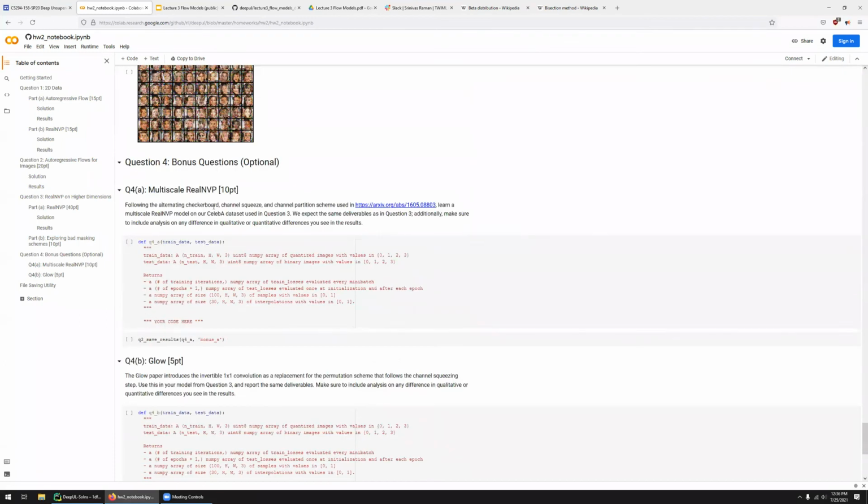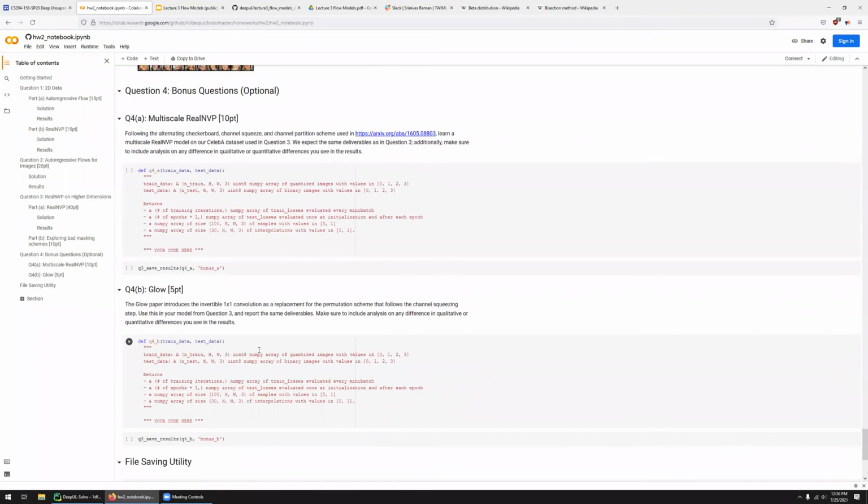There's a bonus question, multi-scale Glow. If you want to look at it, but as you said, once we understand the basics of how to do it when you are sharing parameters, then other ideas can just be layered on top.